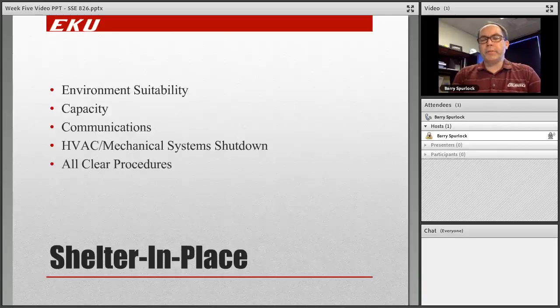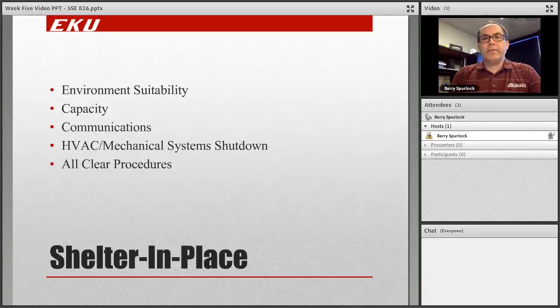If we're sheltering in place because of some type of hazardous atmosphere, hazardous materials leak, release, we need to make sure that we're able to shut down the HVAC system, particularly for that area that we're sheltering in place to. There should be procedures for that, and we should evaluate that well ahead of time and make sure that it is suitable for that.